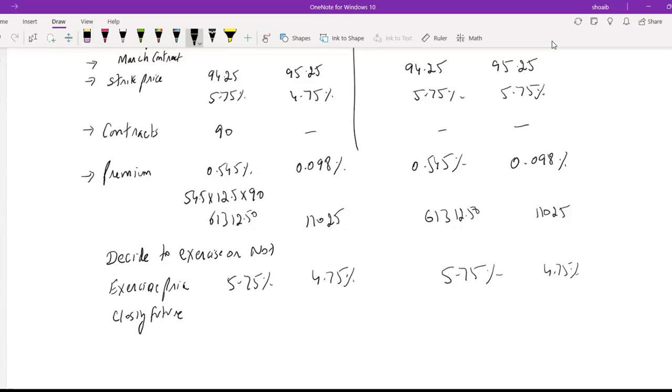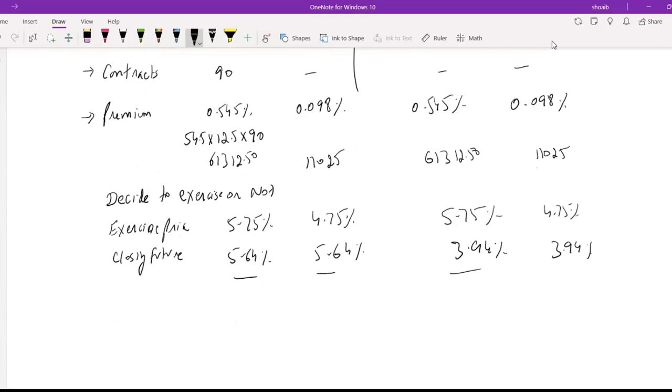Okay, closing future 5.64, 3.94. Will you exercise or not? Will you receive interest at 5.75 or 5.64? Number one case.